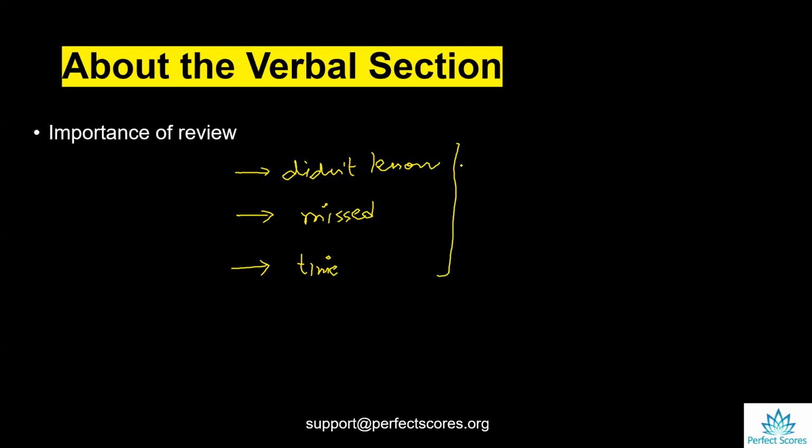So just keep a track of the kind of mistakes that you're making, and you should not be making the same mistake twice. For example, in sentence correction, there are actually a handful of rules that you need to remember. And it is only out of these rules that different options will come, that different questions will come. So it's not like it's completely open-ended and any kind of error can happen.